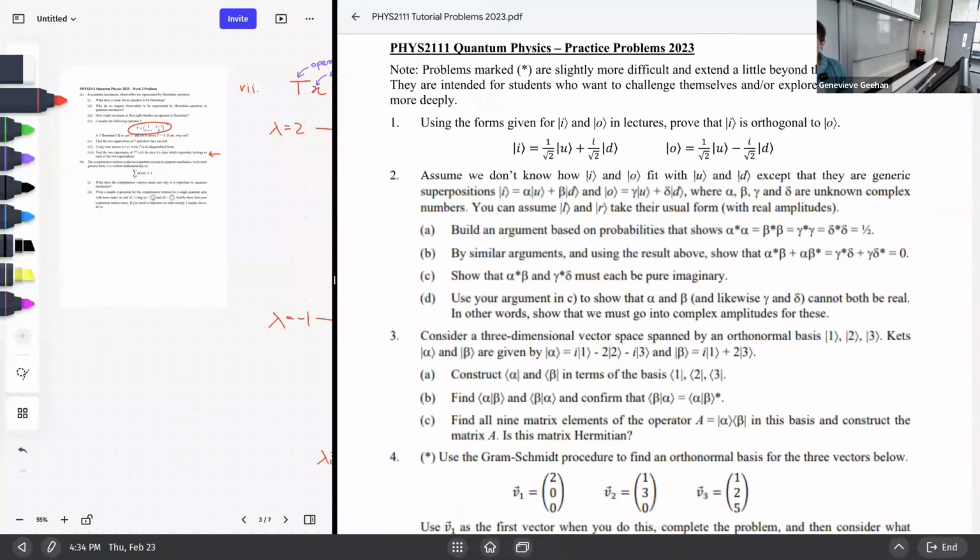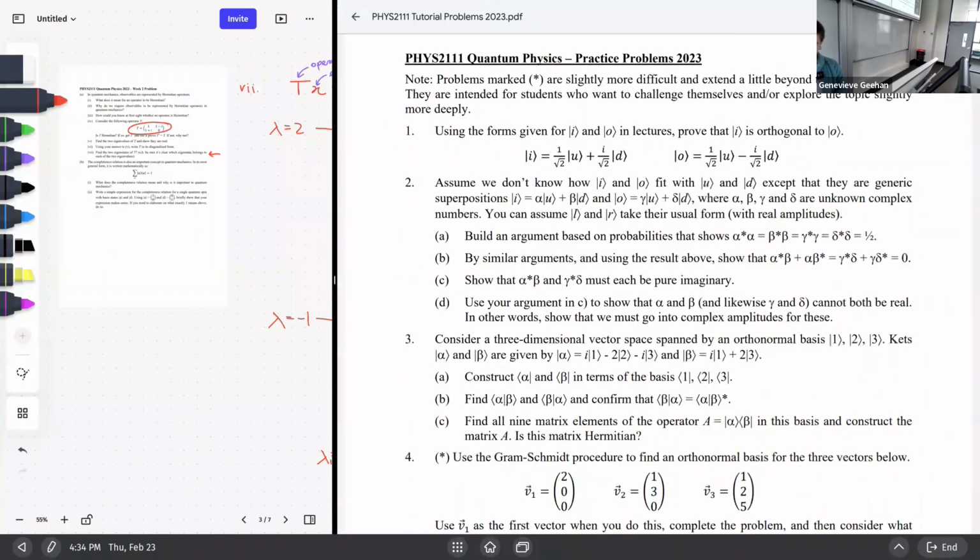Last week, I believe we got to question 2B. Did anyone continue this at home? Just put your hand up. It's okay, no judgment. Okay, so most people didn't. That's cool. So let's kick off where we were then.